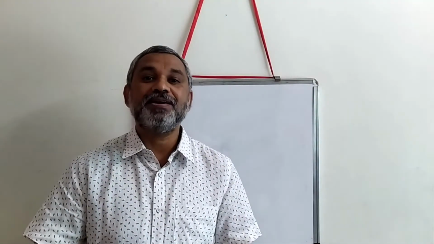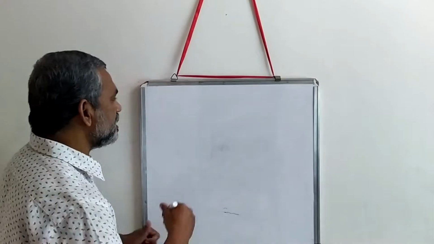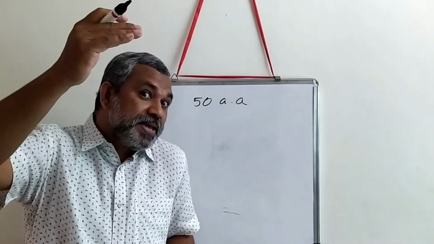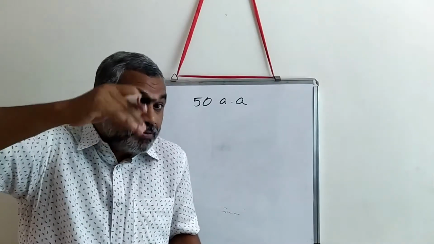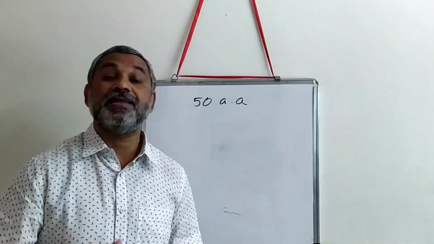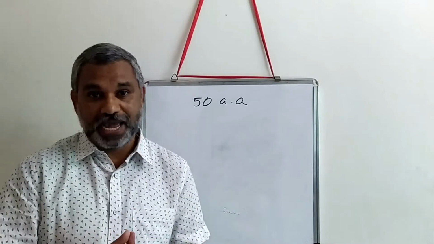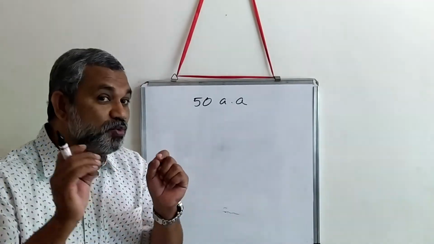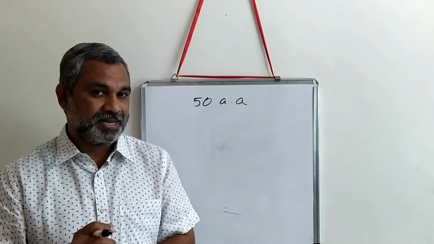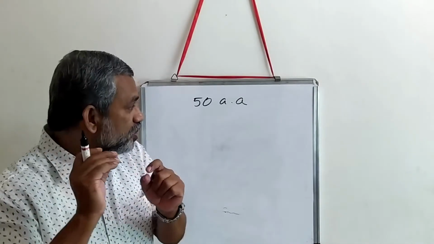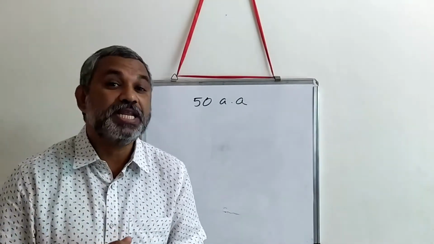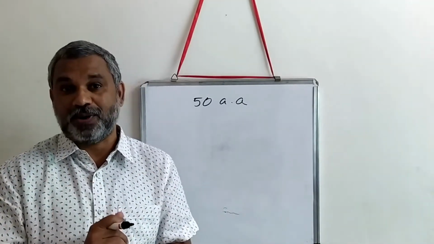Another interesting problem can be, you are given a number of amino acids. Let's say that we have 50 amino acids. What can be the axial length? What will be the length of the alpha helical structure? So how do we calculate this? This is also very easy to calculate. You have 50 amino acids, and you know that in every turn you need 3.6 amino acids.